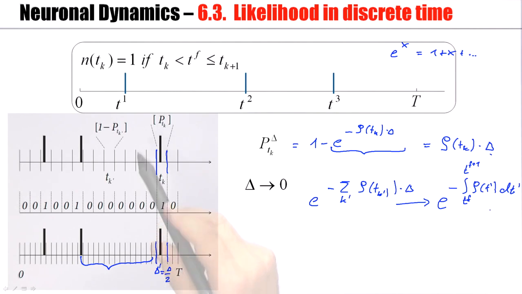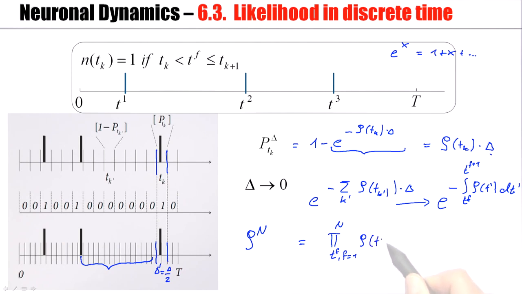Now, if we write down the likelihood in discrete time for a situation with exactly n spikes, then we would have the product of all these different firing times, f equal 1 to n, of rho evaluated at t_f times delta, multiplied with the survivor function, going from t_f to t_f plus 1 of rho of t prime dt prime.